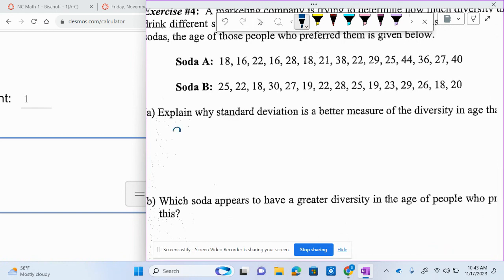And so we're going to say that standard deviation measures, are you guys with me? It measures variation.